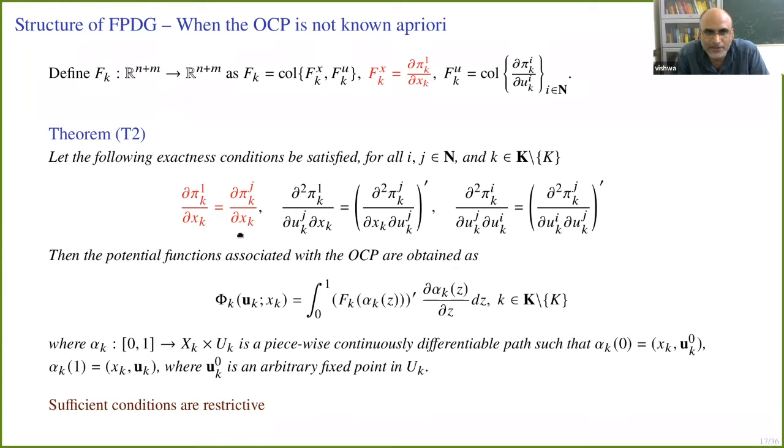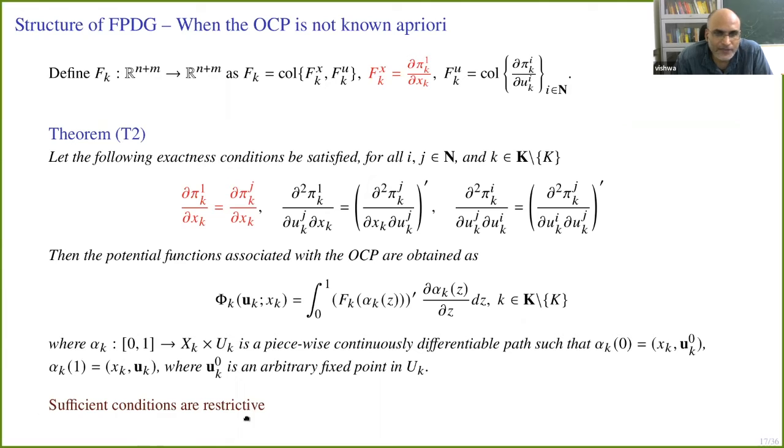In a dynamic case, this is what we get when we don't know the optimal control problem a priori.